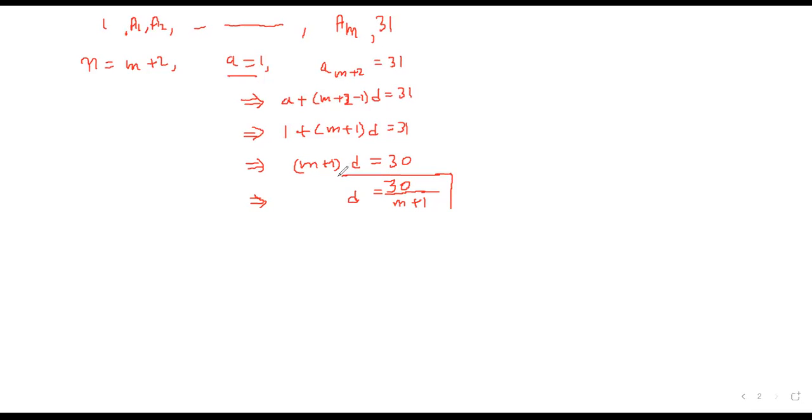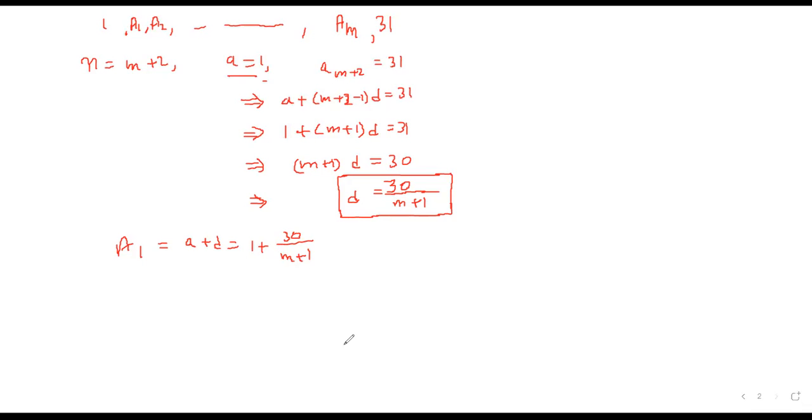So the common difference is 30 upon m plus 1, and the first AM, A1, is a plus d, where a is 1 and d is 30 upon m plus 1.